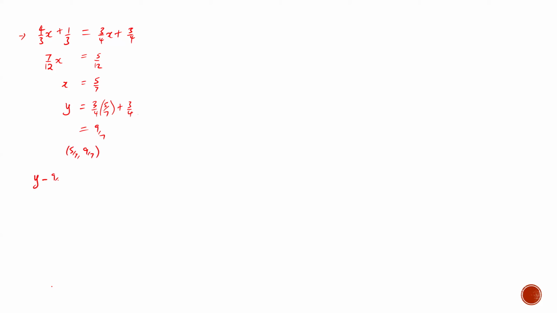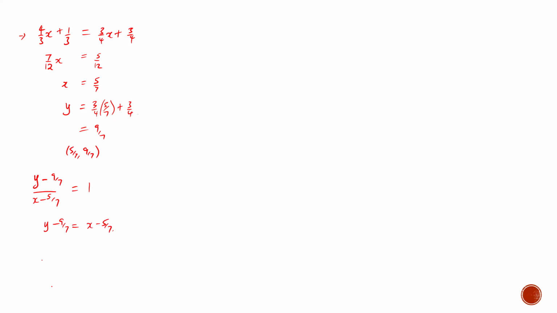So if we use y minus 9 over 7 over x minus 5 over 7 is equal to 1, we should be able to get the equation of the line. So it's going to be y minus 9 over 7 is equal to x minus 5 over 7.